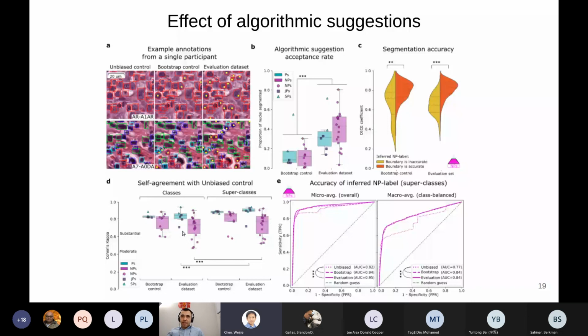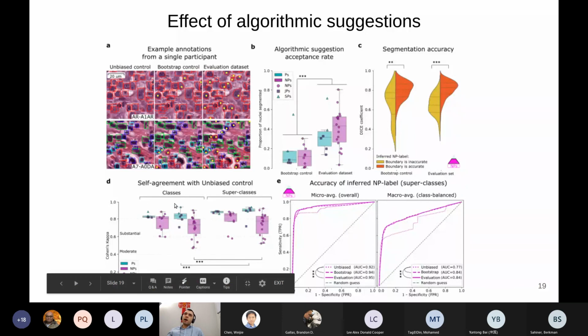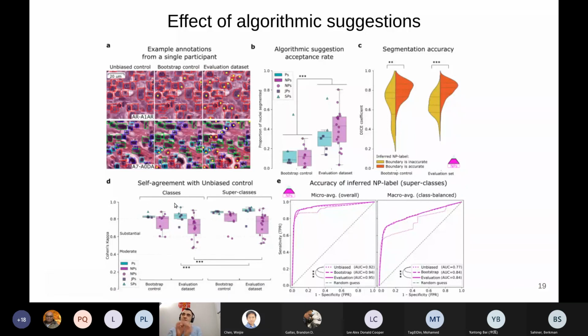And you see the scatter here: the squares are the junior pathologists or the residents, or at least people who didn't have 2 years of training, and the rectangle and the triangle are the senior pathologists. You can see that the senior pathologists have higher agreement with themselves, whether or not they see suggestions. You see this at least when you look at the fine-grained classes, not when you group things.